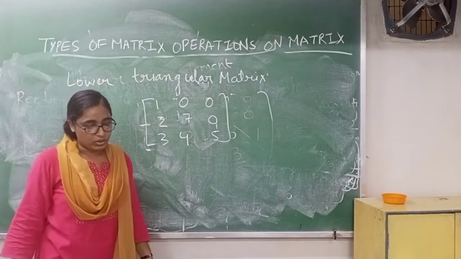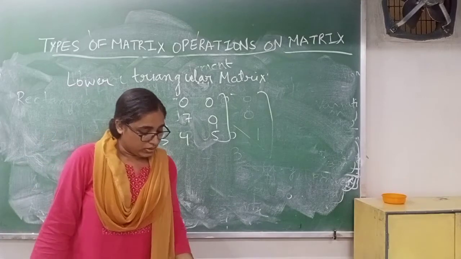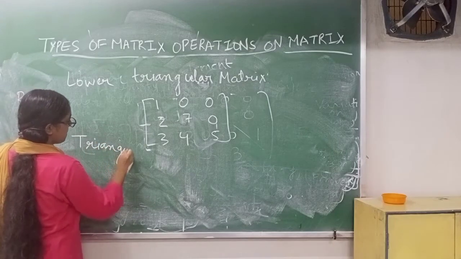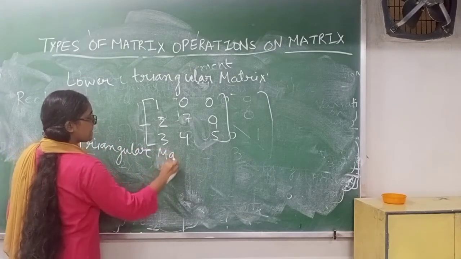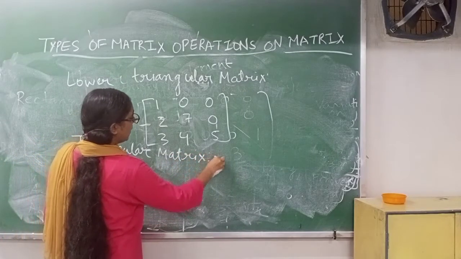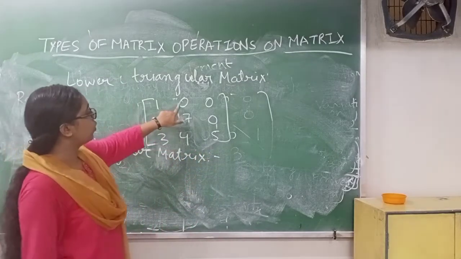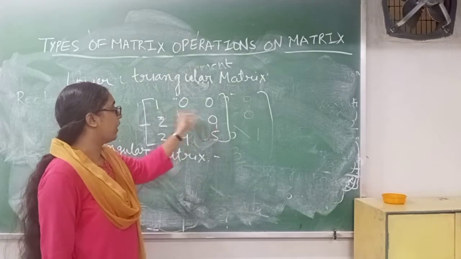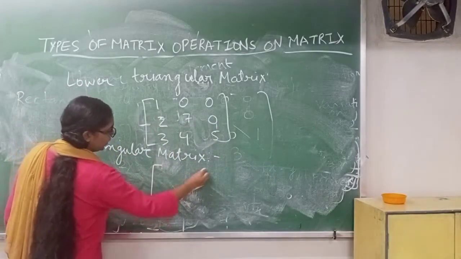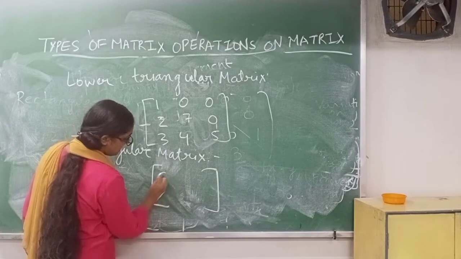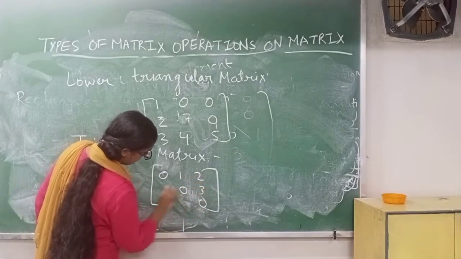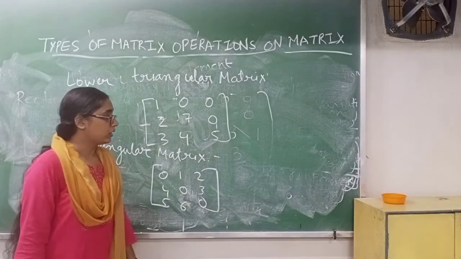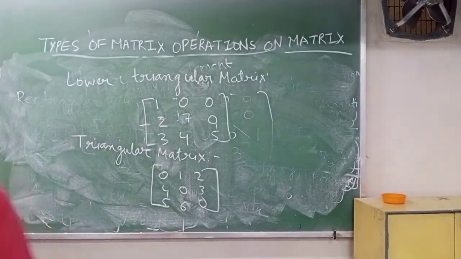In an upper triangular matrix these 3 will be 0 and in a lower triangular matrix these 3 will be 0. Okay, this is known as a triangular matrix. Copy all these or you can learn from the summary also.